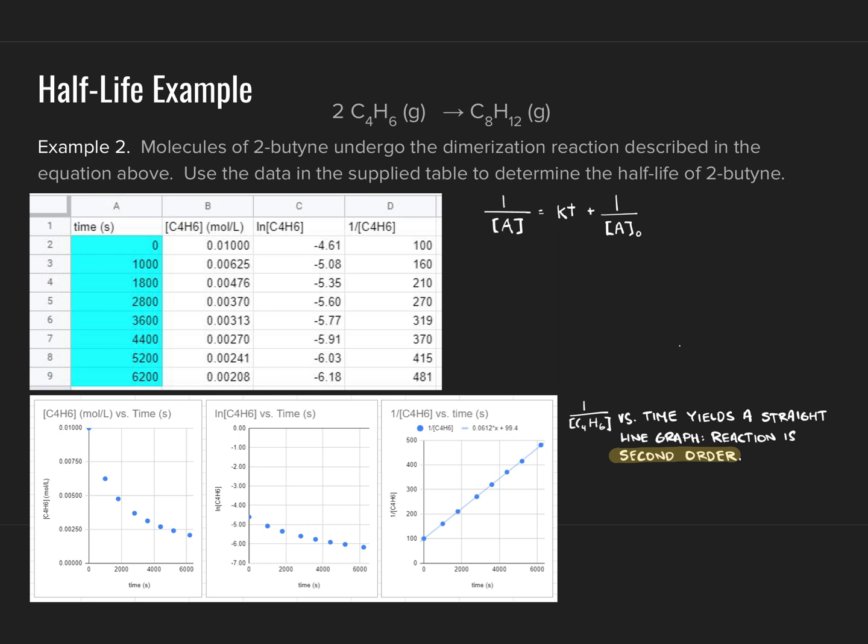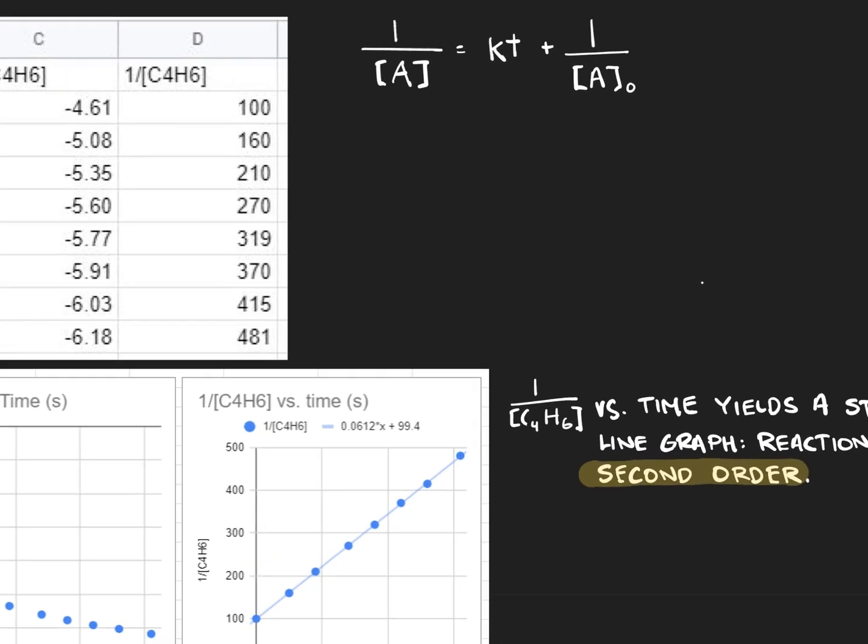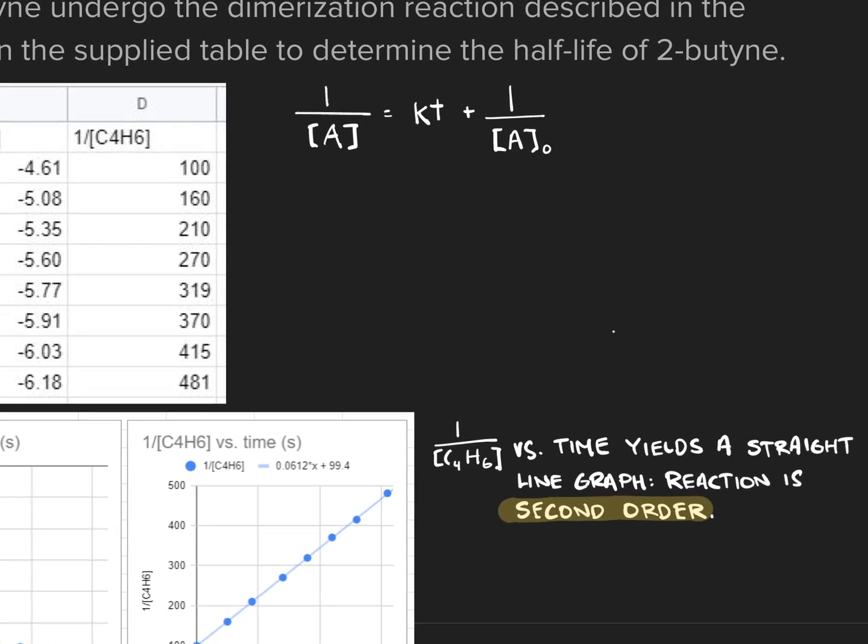And again, recognizing from our previous conversation, this is essentially a straight line graph in the format of y equals mx plus b. You'll notice here the slope of that graph, that is m in this expression, really is taking the place of the rate constant k. So for this reaction, the slope of the graph should yield for me the rate constant k.